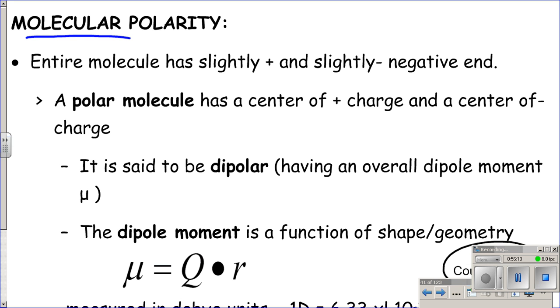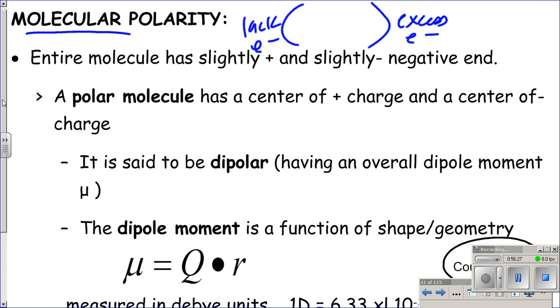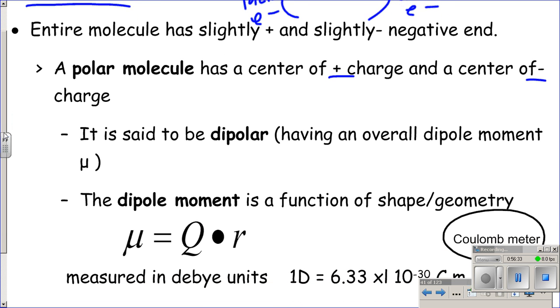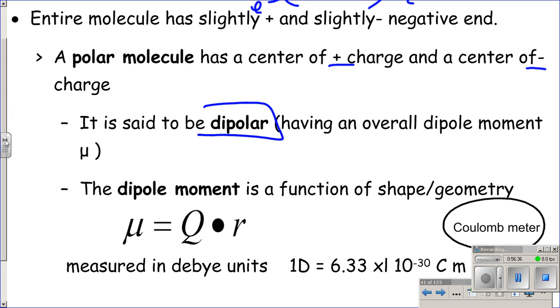Some molecules are going to have a region where there's a lack of electrons and a region where there's an excess of electrons. That just means it's polar because the electron distribution is unequal. A polar molecule has a center of positive charge and a center of negative charge. The whole molecule is dipolar, with an entire dipole moment.